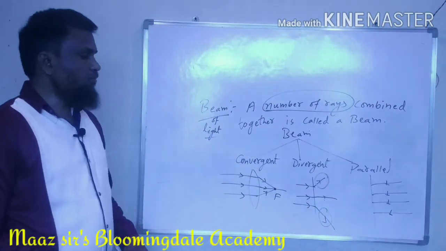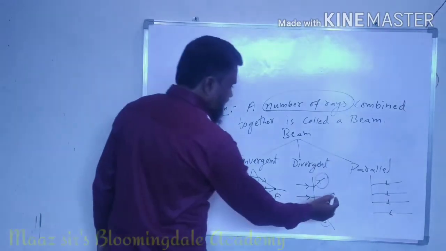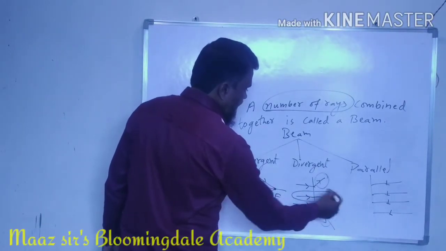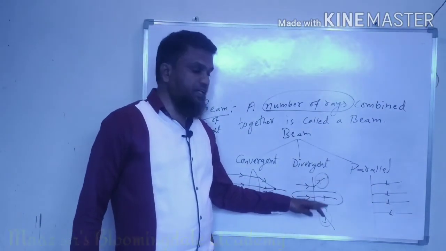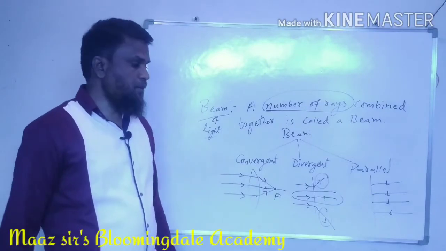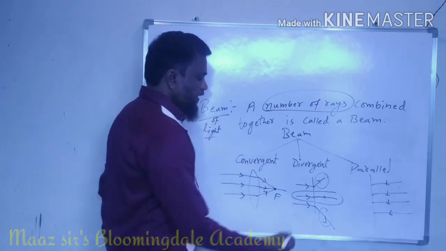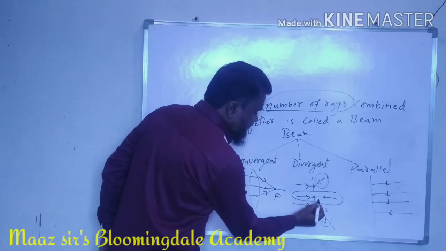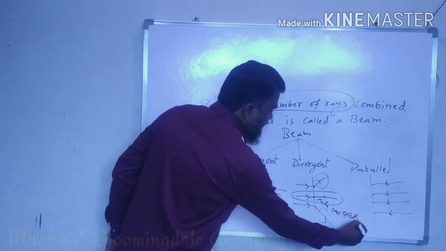So one more thing which you have to remember here. See here, can you see this light ray? It is not convergent and it is not divergent. It does not come under any of these categories. So what is this ray doing? Actually this ray is passing through the pole or optic center.